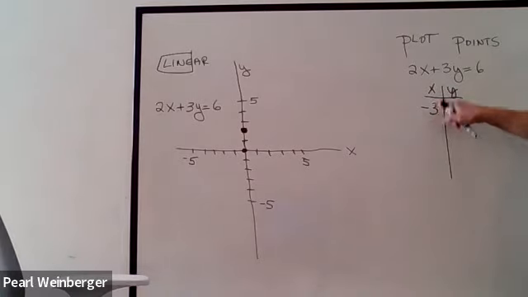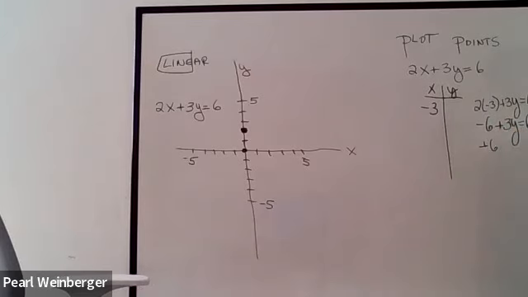Stick that -3 into the equation and solve for y. 2 times -3 plus 3y equals 6. This gives us -6 plus 3y equals 6.